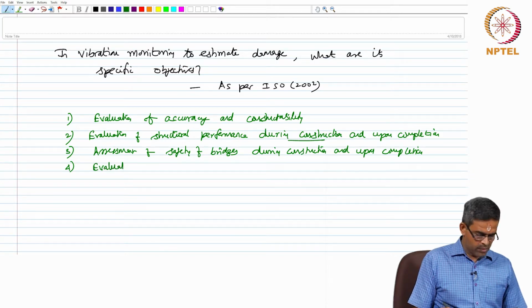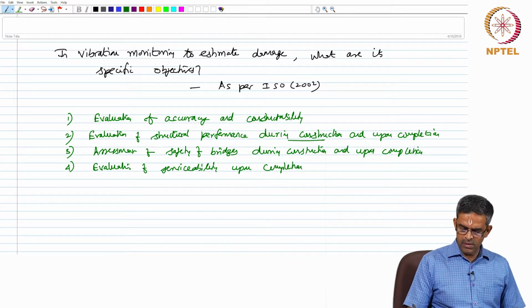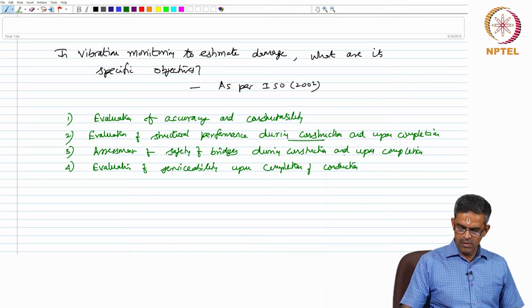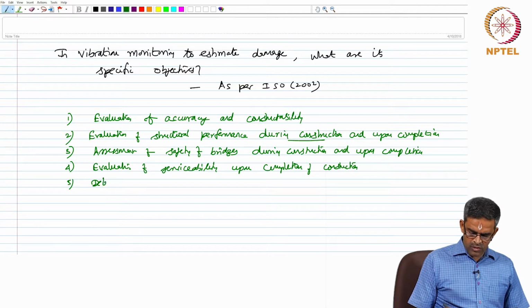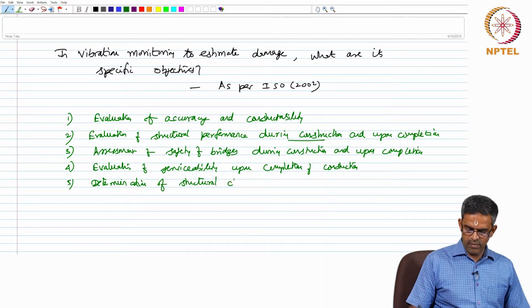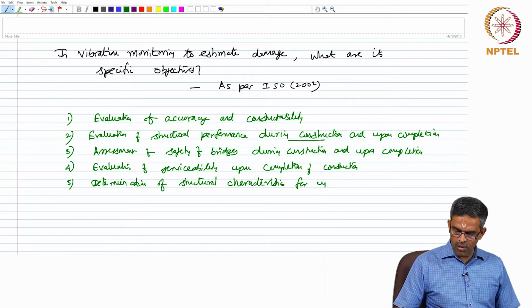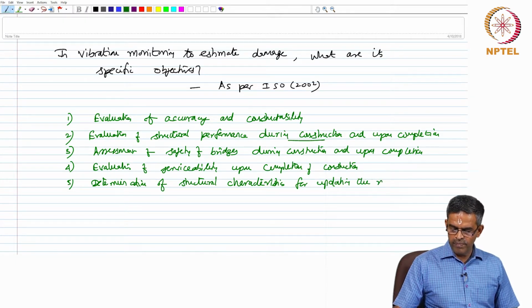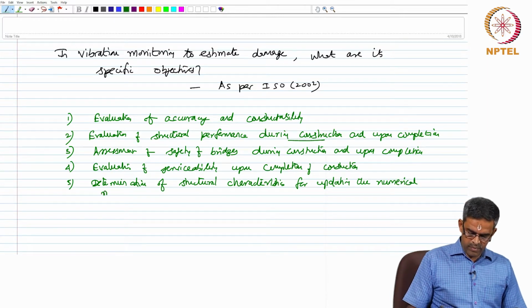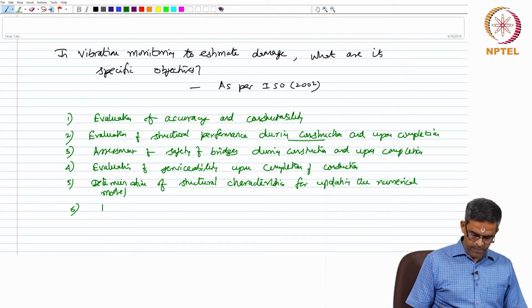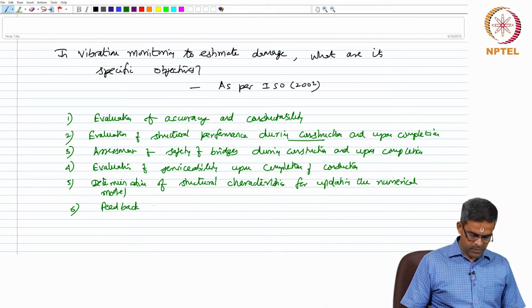Evaluation of serviceability upon completion of construction, determination of structural characteristics for updating the numerical model, and finally, to create a feedback to update the structural design process.